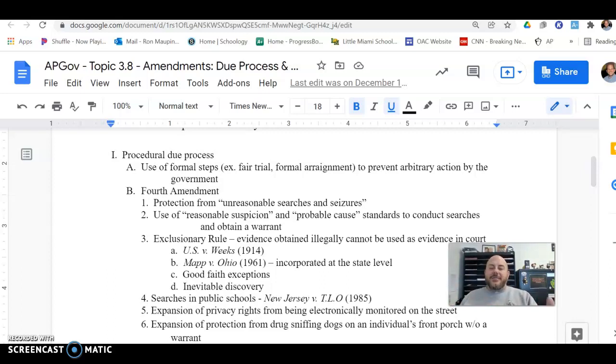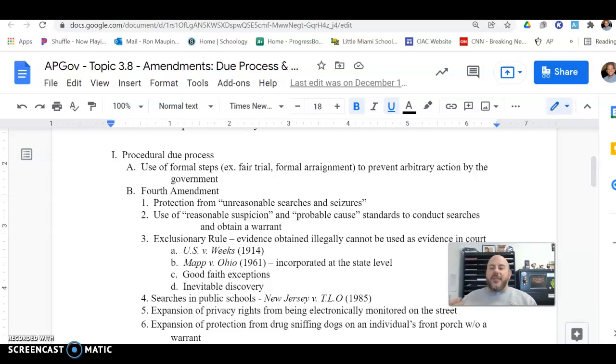But the idea that the police dog was on that person's front porch, in other words, on that person's property, without reasonable suspicion, without a warrant, that is a violation of somebody's Fourth Amendment rights. In other words, there was no legitimate reason for the police to be on that property when they stepped onto that property. There was no reasonable suspicion to be on there.